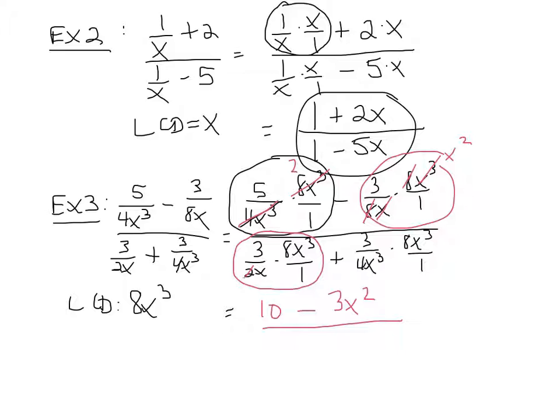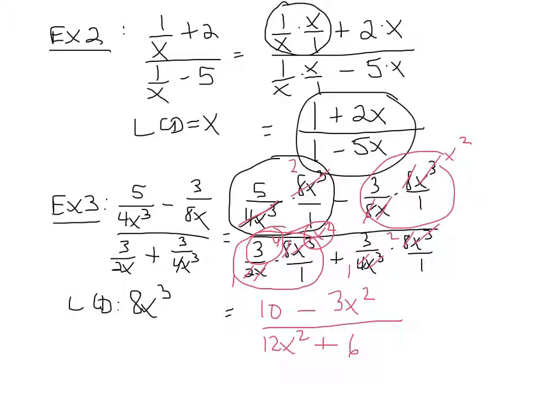Here, 2 goes into 1, it goes into 8 4 times, the x is going from here, and there's an x squared, so it looks like we have 12x squared, the 3 and the 4, and then the x squared here. And then here, the last term, the x cubes are gone, 4 goes into itself once, it goes into 8 twice, and 2 times 3 is 6.